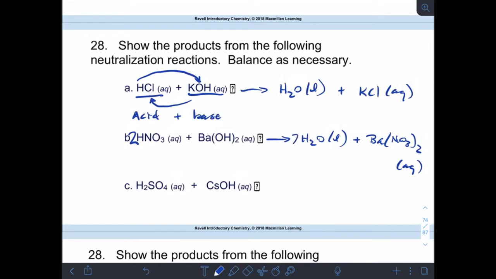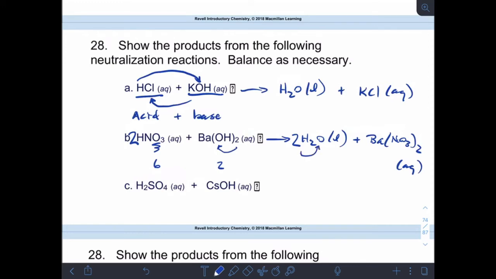So I'm going to put a 2 in front of the water. That gives me 4 hydrogens now. And let's see, how many oxygens are there on both sides of the equation? Right now I have 2 times 3, that makes 6 oxygens right here. And then 2 times 1 makes 2 more oxygens, so I've got 8 oxygens on the left.